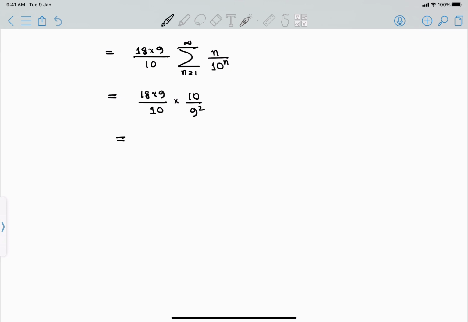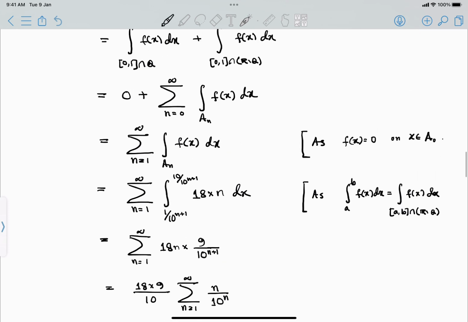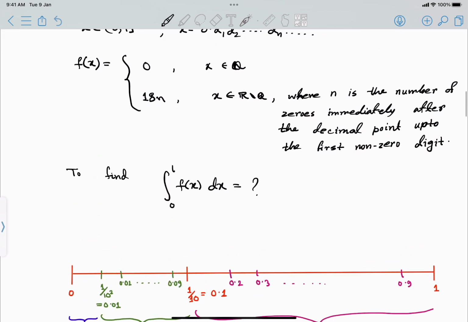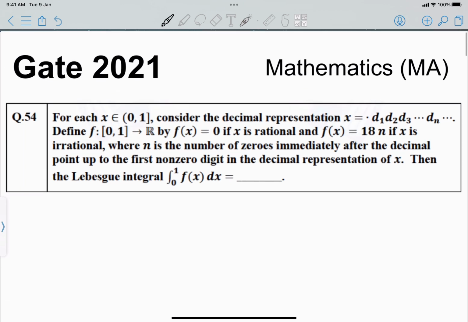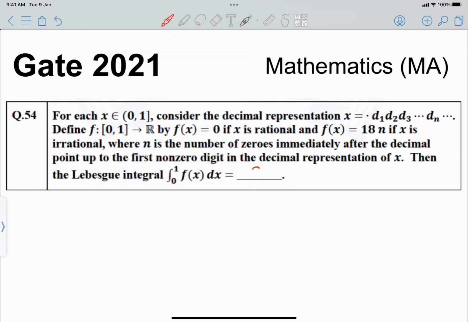So cancelling this, you will get 2. So the value of the integration we have got is 2.